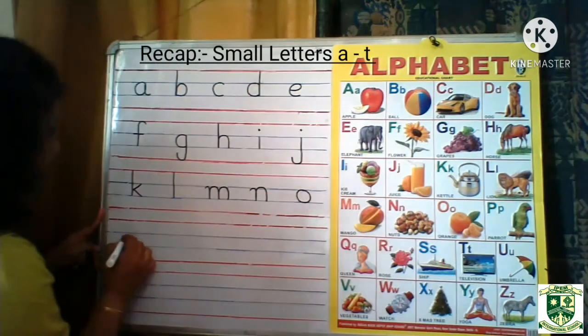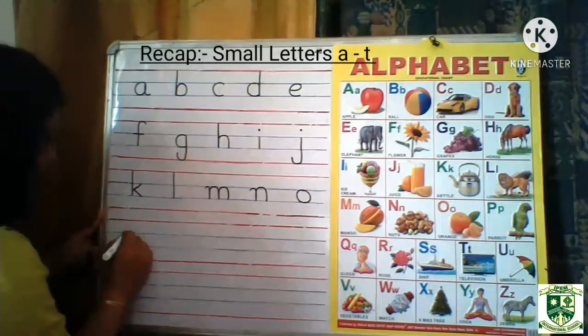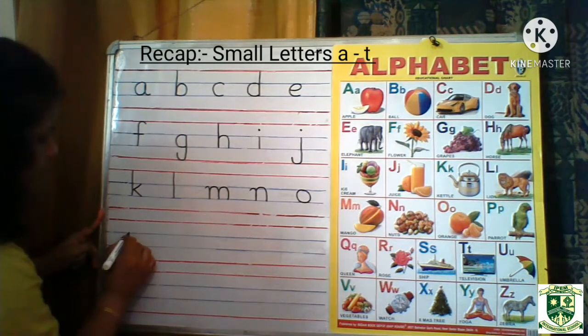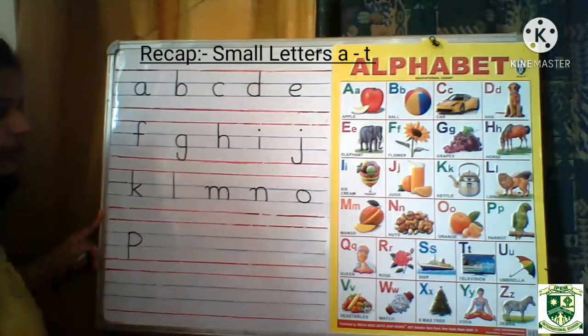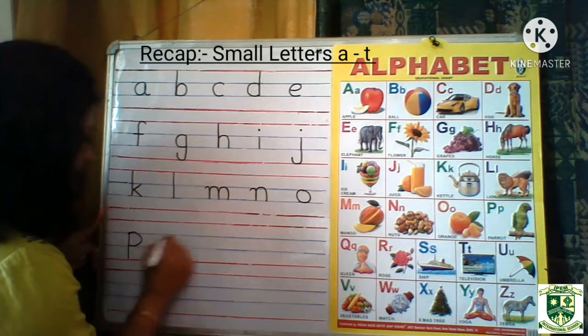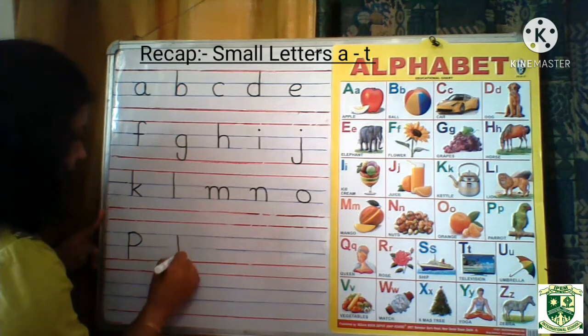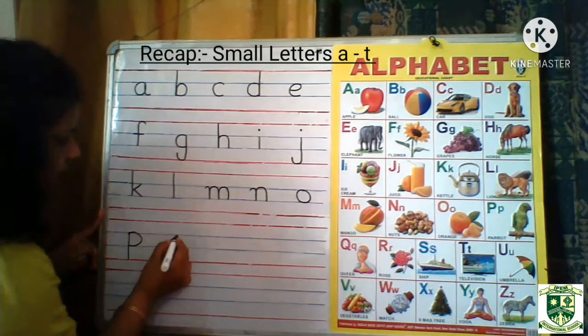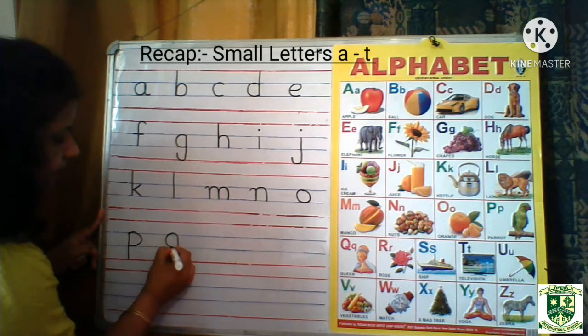Now what comes after o? p. How will we write p? From the first blue line we'll make a standing line till the second red line and a right curve. Very good. Now what comes after p? q. Again one standing line from the first blue line to the second red line and then a left curve.